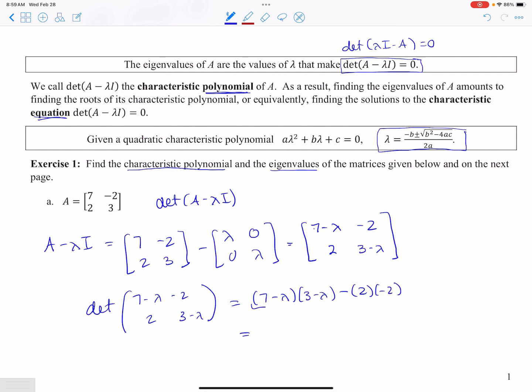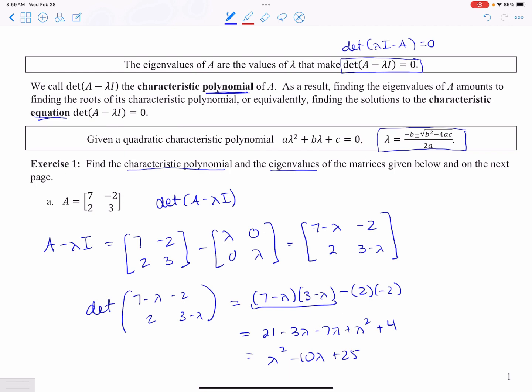So when I multiply these two, I'll have that middle term. So I'll have 21 minus 3 lambda minus 7 lambda plus lambda squared plus 4. Just rearranging and combining like terms, I have lambda squared minus 10 lambda plus 25. So that is my characteristic polynomial.